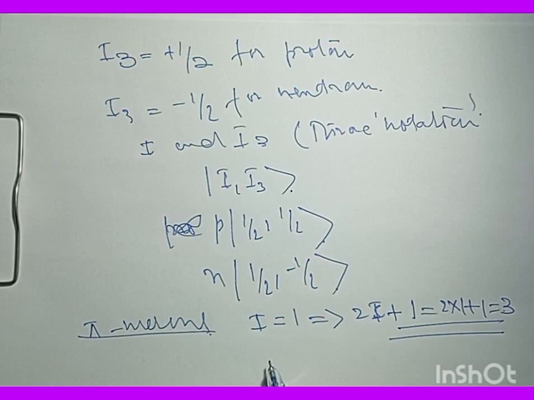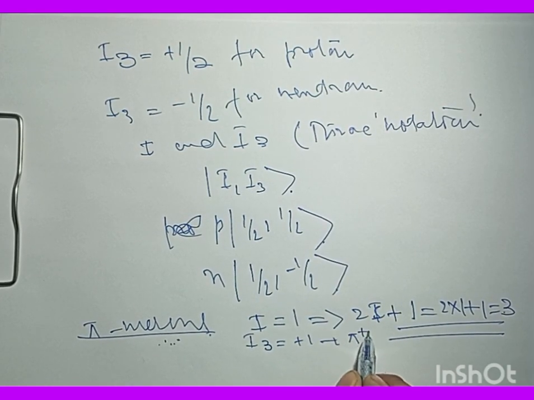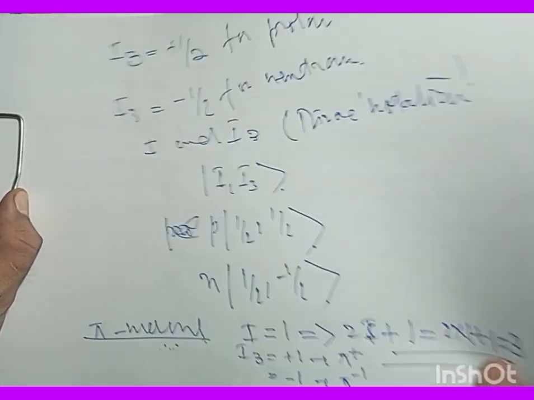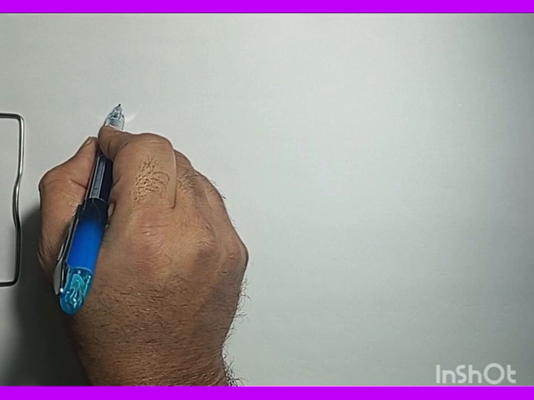Now, the values of I3 for the different orientations for this meson: I3 is plus 1 for the pi positive meson, minus 1 for the pi negative meson, and 0 for the pi 0 meson.